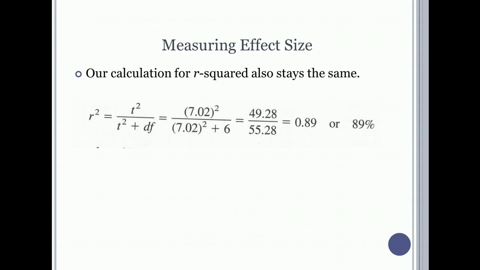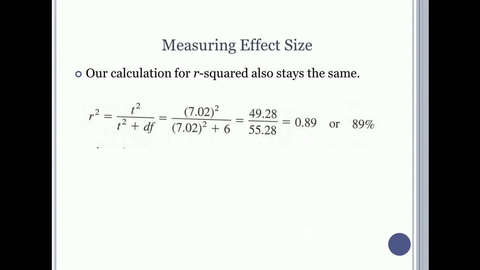You can also calculate an R-squared. An R-squared is easily calculated if you have your T value. So it's 7.02. Well, mine was 7.08. Oh well, pretty close. Squared, over 7.02 squared plus 6, which would give you a resulting R-squared value of 0.89.